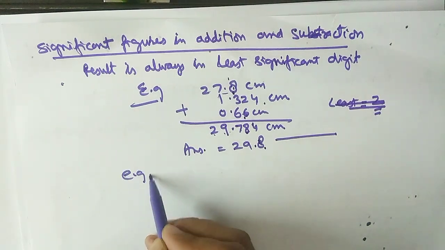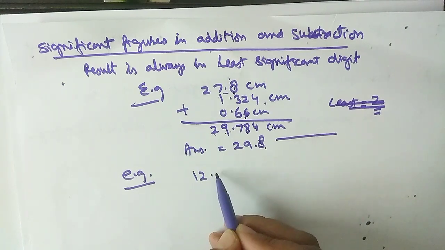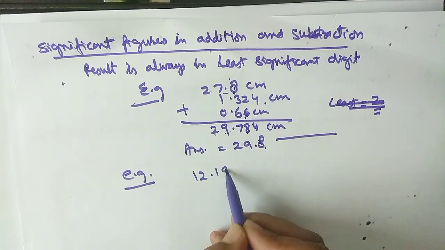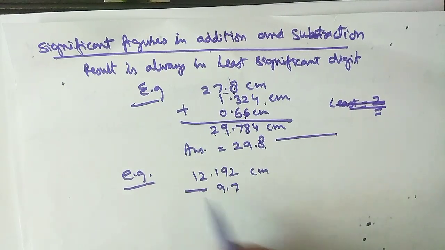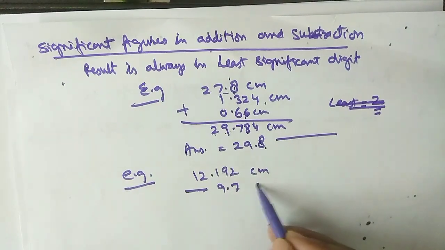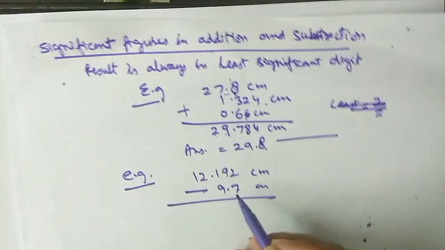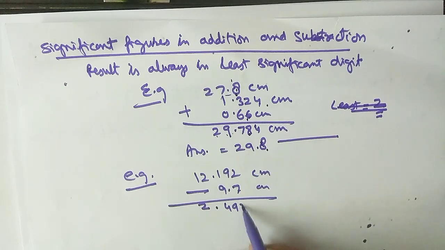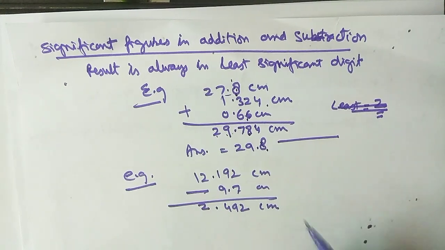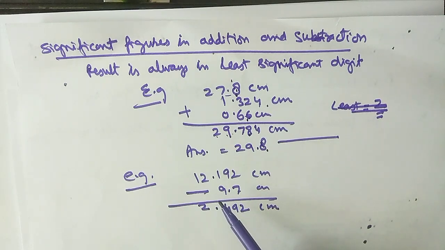Another example you can take, suppose I'm taking 12.192 centimeter minus 9.7, then it is coming 2.492 centimeter. So here you can see the least number after the decimal is 1, and here the 3.